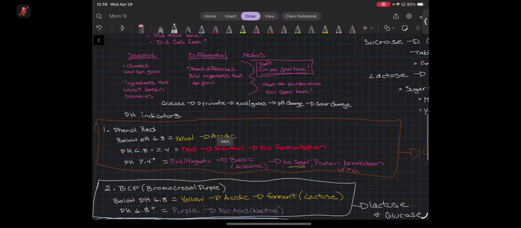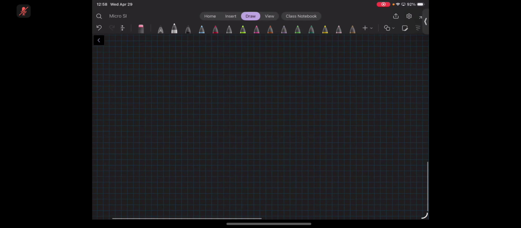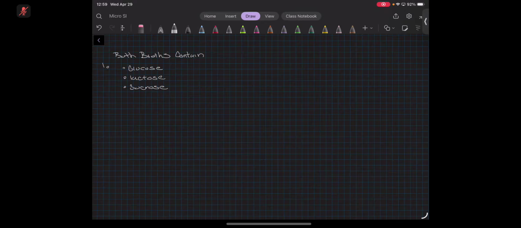All right, so both broths contain glucose, lactose, and sucrose. They all contain a sugar. They all contain a peptone, which is a protein or amino acid.